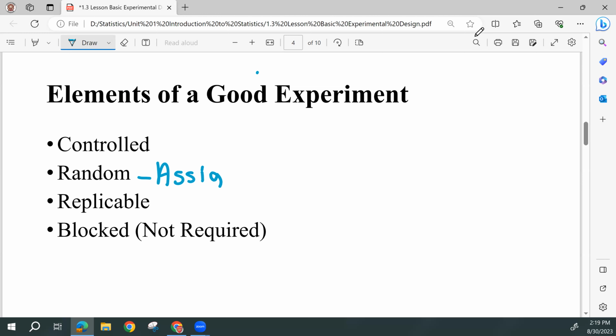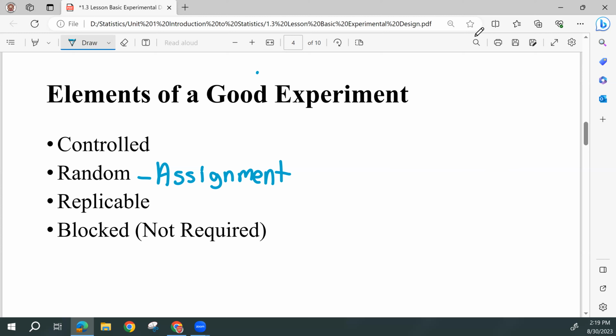So in an experiment, we will assign people or animals or subjects to treatments, and that is done randomly. So everybody has an equal opportunity to be randomly assigned to any of the treatments in the experiment.